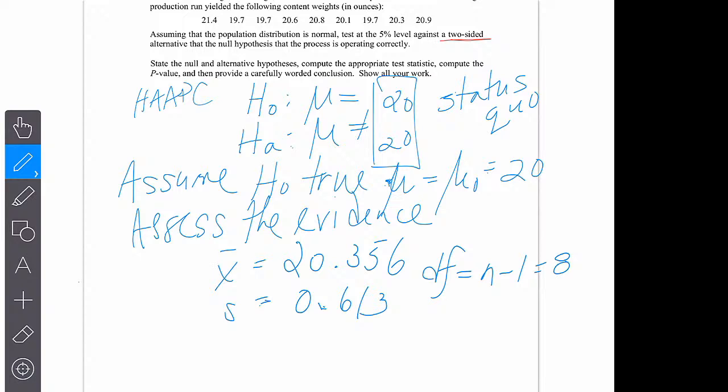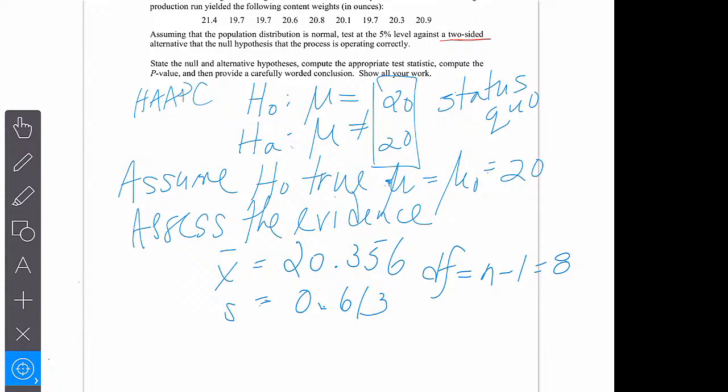And what we have to do is take this 20 and ask ourselves, well, is 20 close? This is the average, the sample mean. Is this good enough? Is this just the same as 20? How do we determine if 20.356 is just 20?